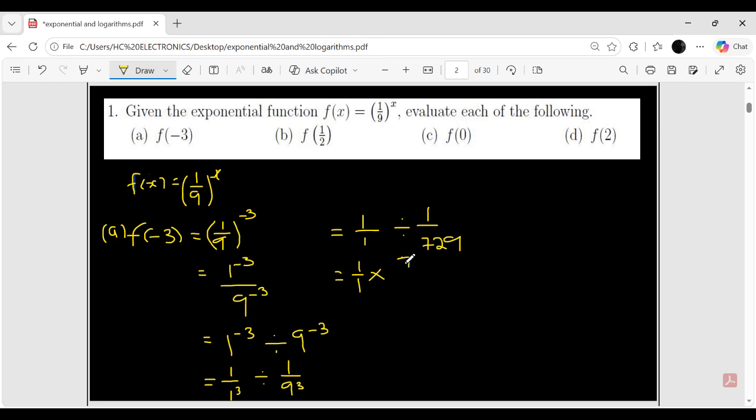We have 729 over 1. 1 times 729 gives me 729, and 1 times 1 is 1, so my final answer is equal to 729.